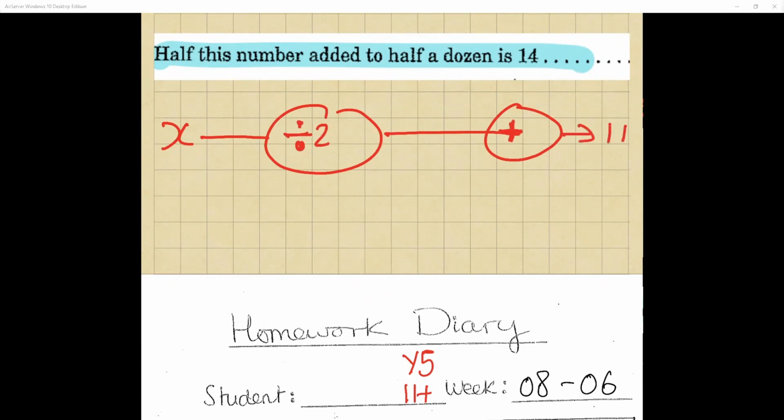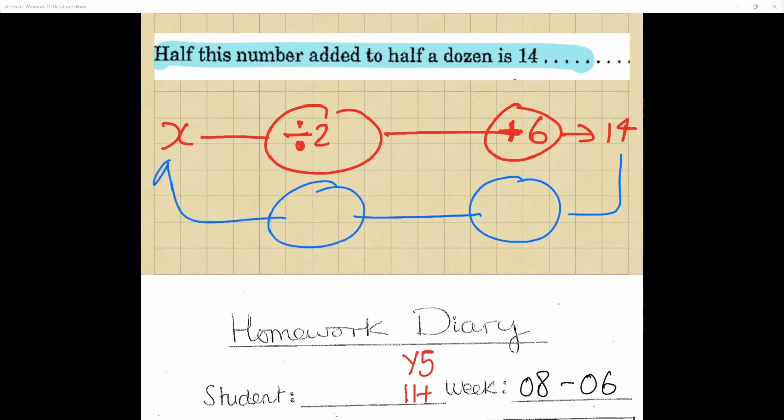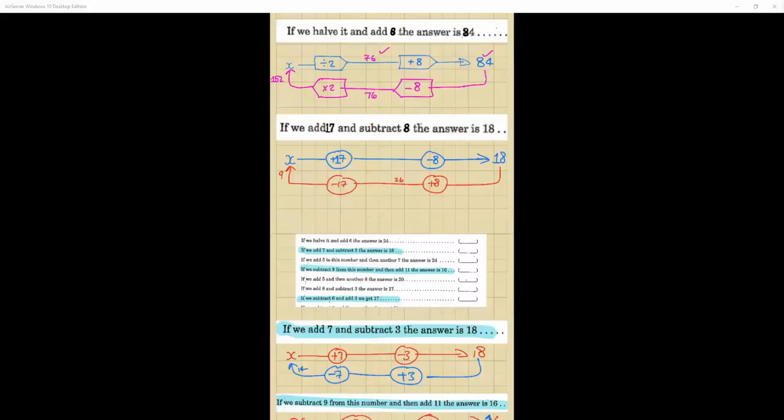A dozen is 12. So half a dozen is 6. Then we need to do reverse, which is 14 minus 6, which is 8, times by 2, which is 16. X is 16. Excellent.